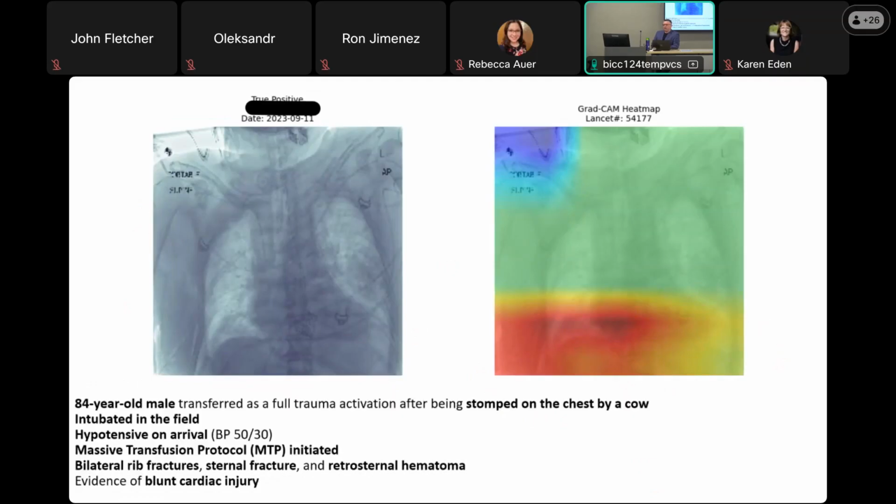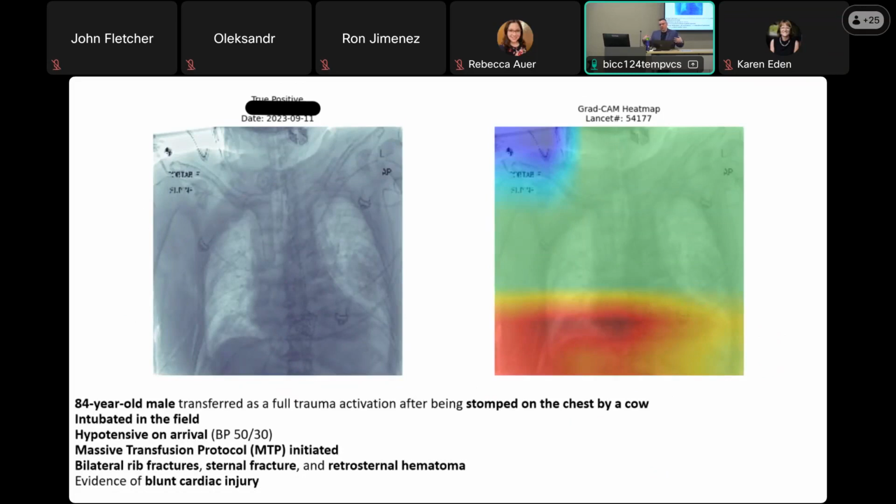This is an 84-year-old gentleman who was transferred to us as a trauma activation. He was stomped on the chest by a cow. So that's a horrible injury. He came in with a blood pressure of 50/30. He required massive transfusion to be initiated in the trauma bay.